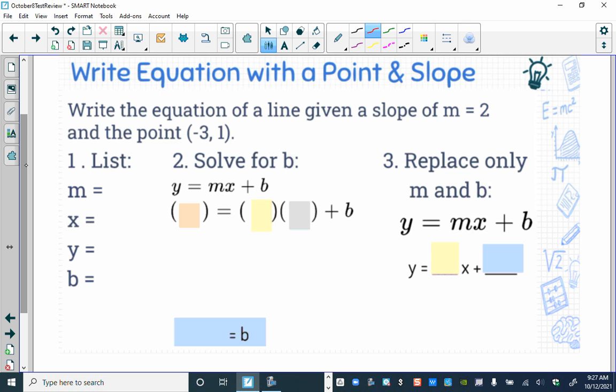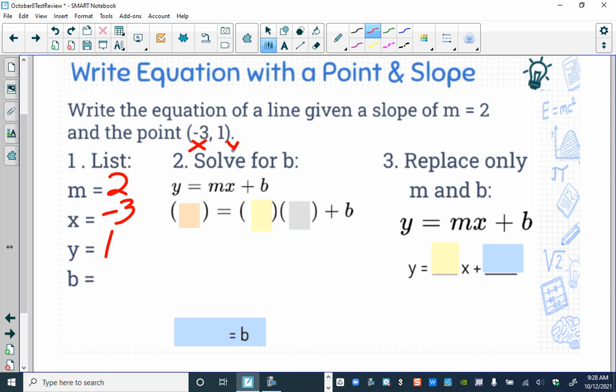So first, label everything. In number 2, what's our x value? Who can tell us the x value? On the next page, -3 is x. And then what's our y value? Do we know the b value yet? No. So first label or list, and next solve for b. Replace the y with what number?